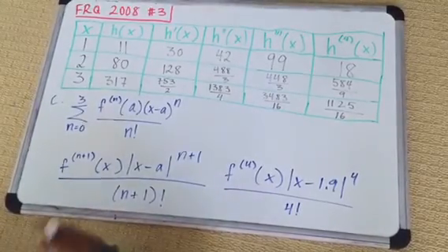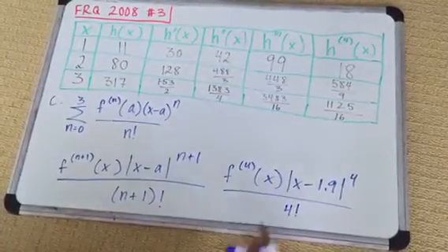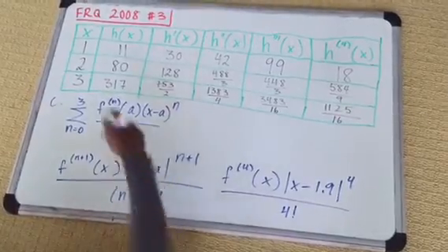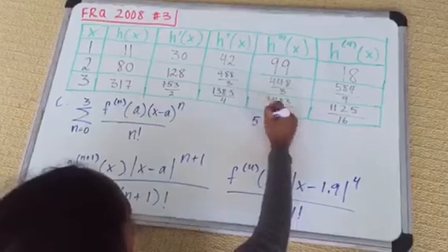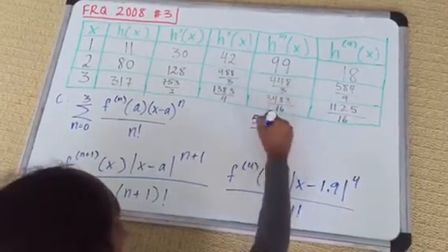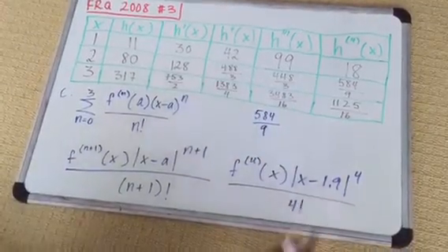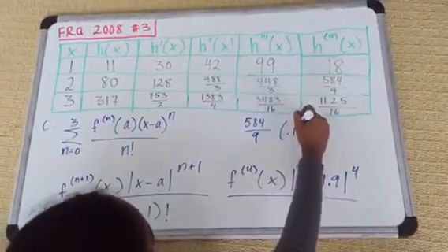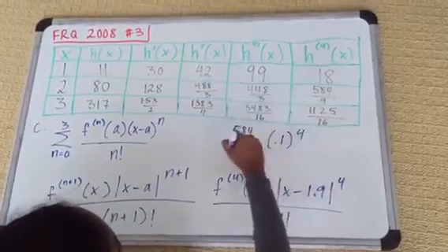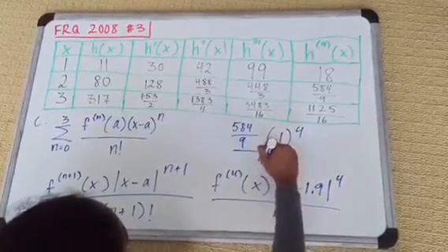And now we can look at the chart and plug in values. x is 2, so h^(4) of 2 is 584 over 9 times 2 minus 1.9, which is 0.1, to the 4th, all over 4 factorial.